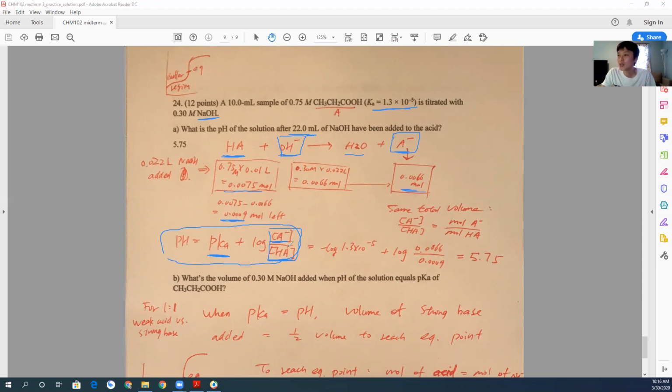So you can use the ratio of the moles directly, because if you convert them into concentration, you divide by the volume in both numerator and denominator, so you end up with the same ratio. So I can use this number of moles directly here, and that will give me a pH of 5.75.